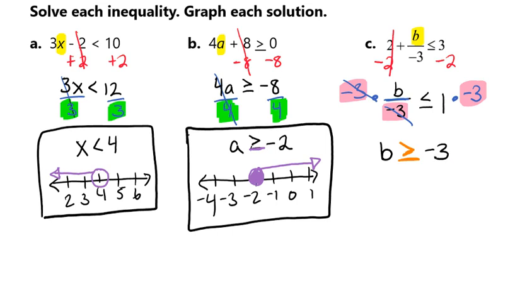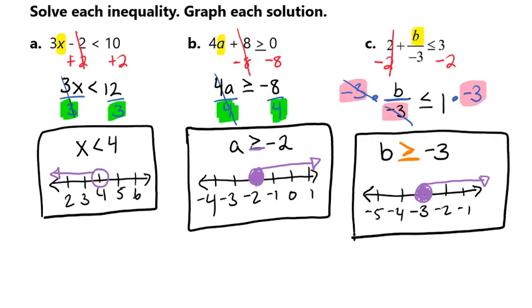And 1 times negative 3 is negative 3. And now we're ready to graph that. So we'll have our point at negative 3, and it will be shaded in because it's greater than or equal to. And remember, greater than or equal to, when the variable's on the left, says b is larger than or equal to negative 3. The larger numbers are to the right, so we'll draw our arrow going to the right. And that is our solution.